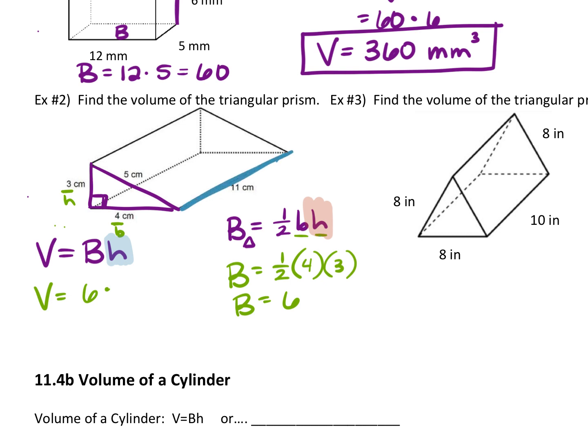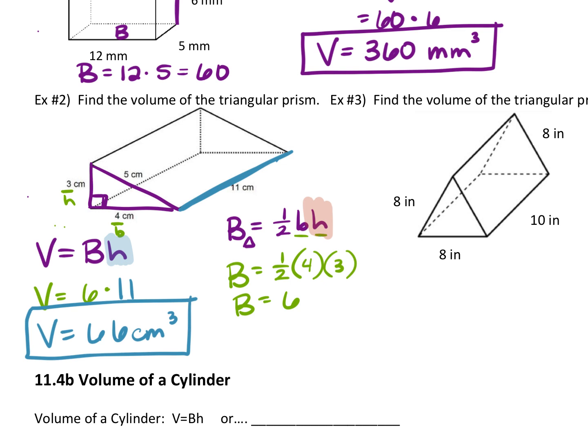That's the 11, okay? So then the volume of this figure is 66, what? Centimeters cubed. Don't cube the 66, right? Cube the units, not the number. Good on that?